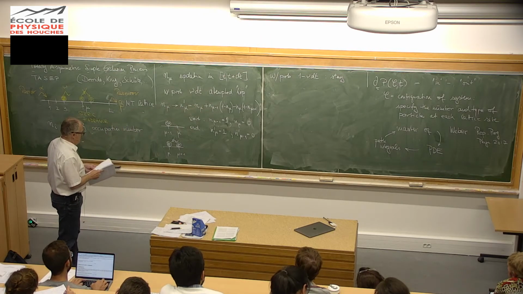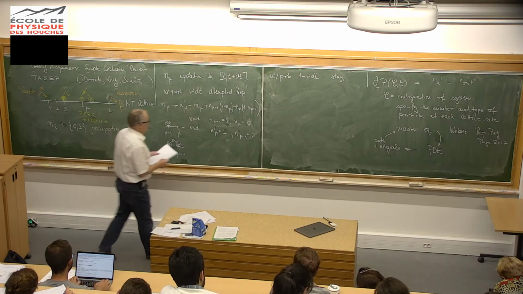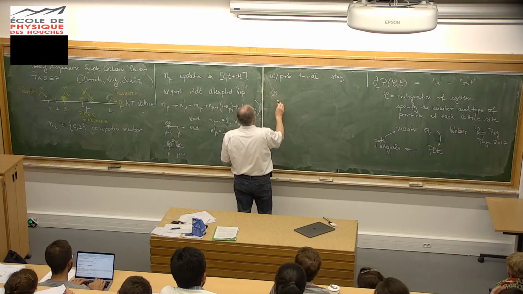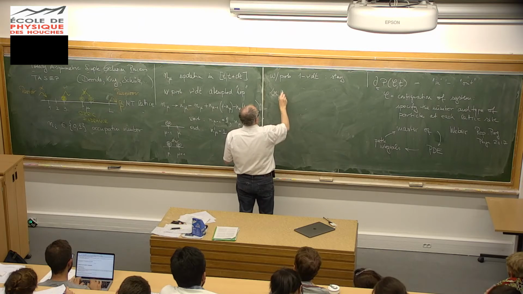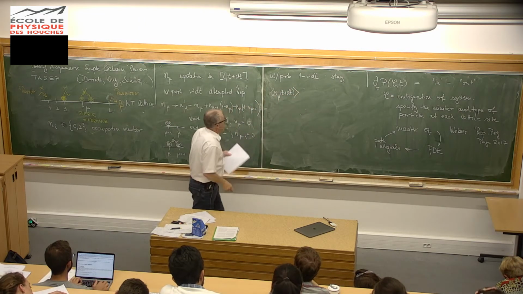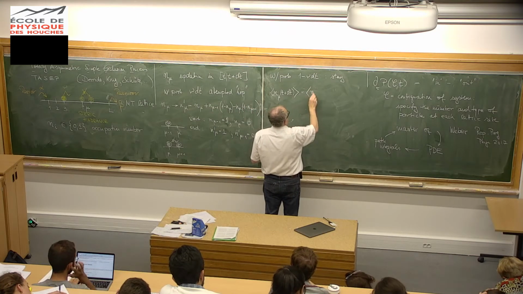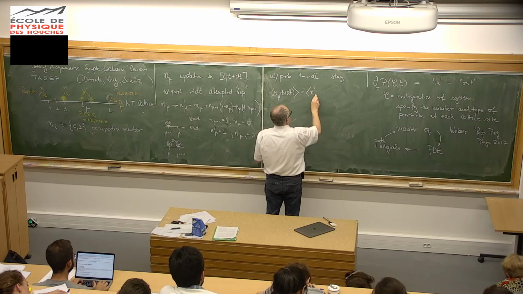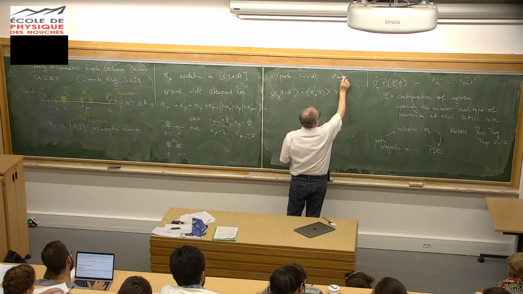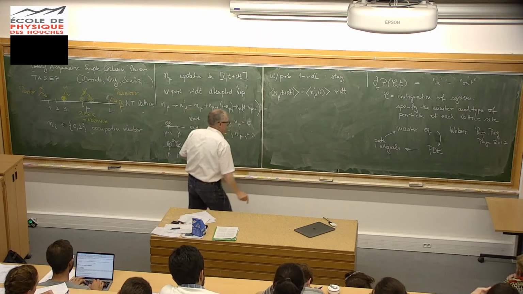Now once you have that, you can immediately write down the equation of motion. So the equation of motion then is n mu at this later time is two options. Either you change to a new variable with probability nu dt, or you stay where you are.